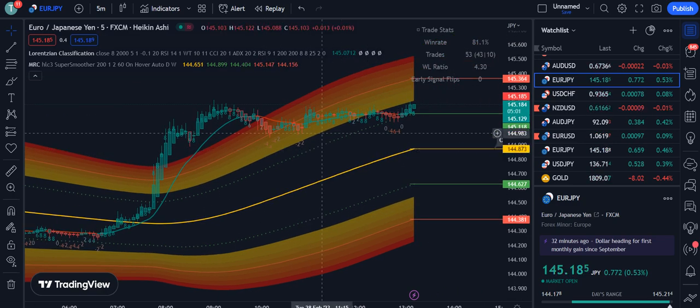So you can use it with confidence that artificial intelligence is working on all of the aspects to check whether the signal is accurate and powerful or not. It also filters out the fake signals, so you can avoid those trades that could lose your trade.